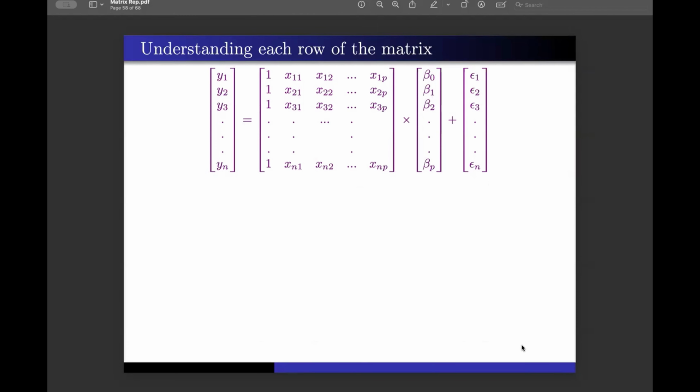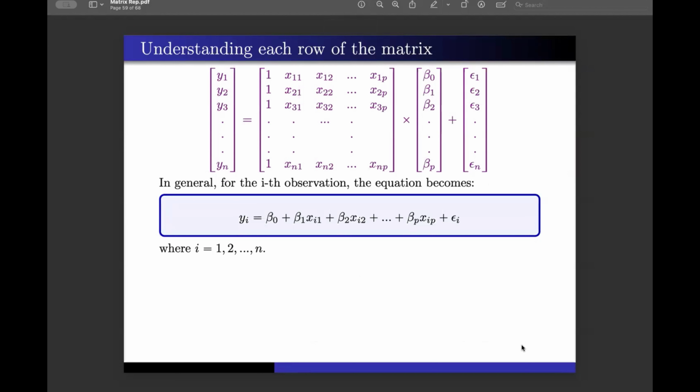So if we generalize it, and if we look at any ith observation, where i could take any value from 1 to n, because we have n number of observations, so any ith observation would look like yi equals beta naught plus beta 1 xi1 plus beta 2 xi2, so on and so forth, beta p xip plus ei. Here, yi is the value of the dependent variable for the ith observation. xi1, again, i corresponds to the row, 1 corresponds to the column, and we know rows represent the observations, columns represent the predictors.